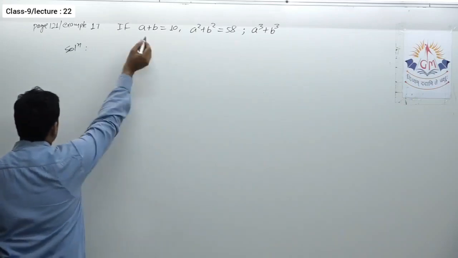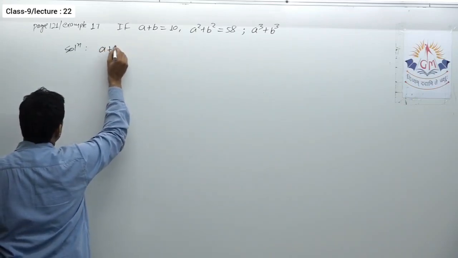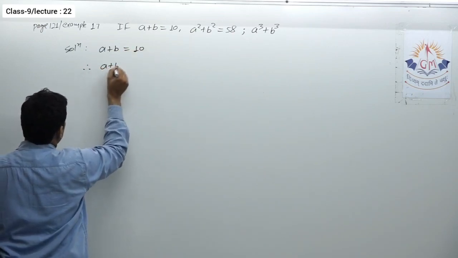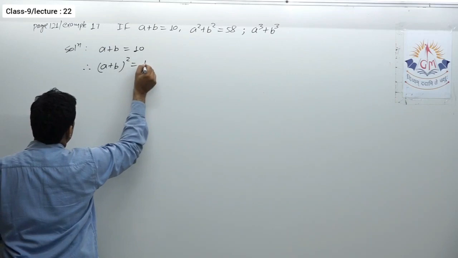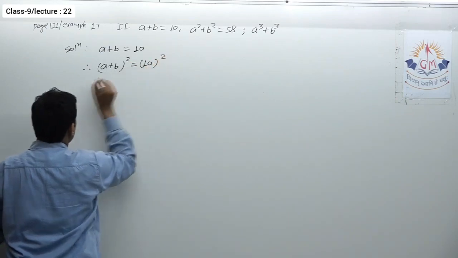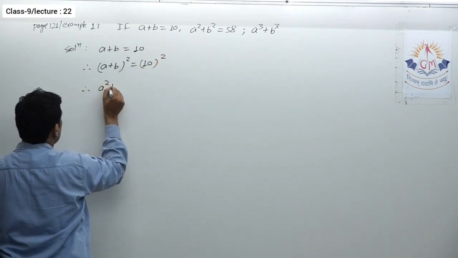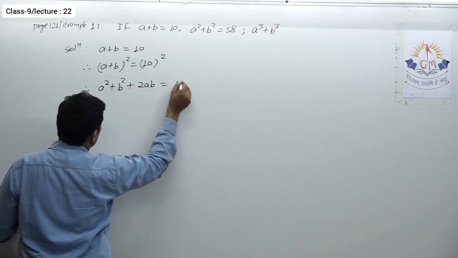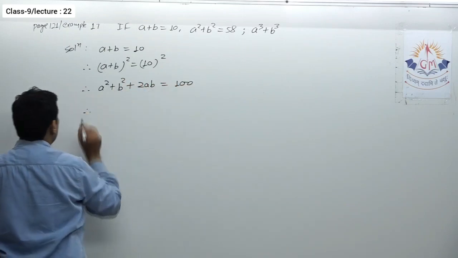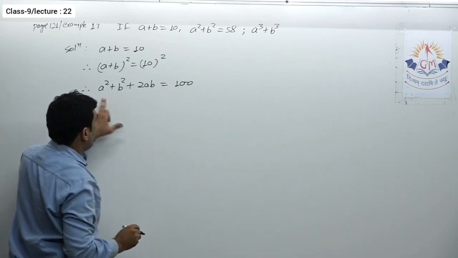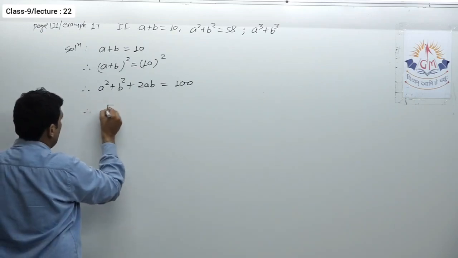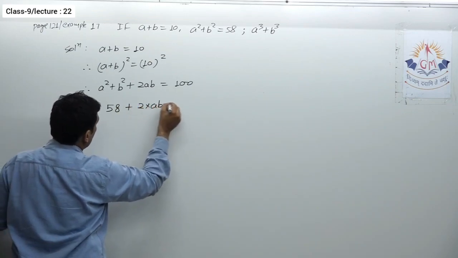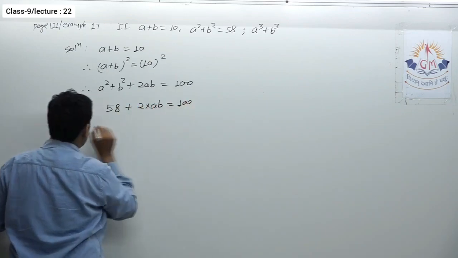A plus b is equal to 10, therefore a plus b whole square is equal to 10 square, therefore a square plus b square plus 2ab is equal to 100. Now a square plus b square is 58, plus 2 into ab, which we have to obtain, is equal to 100.